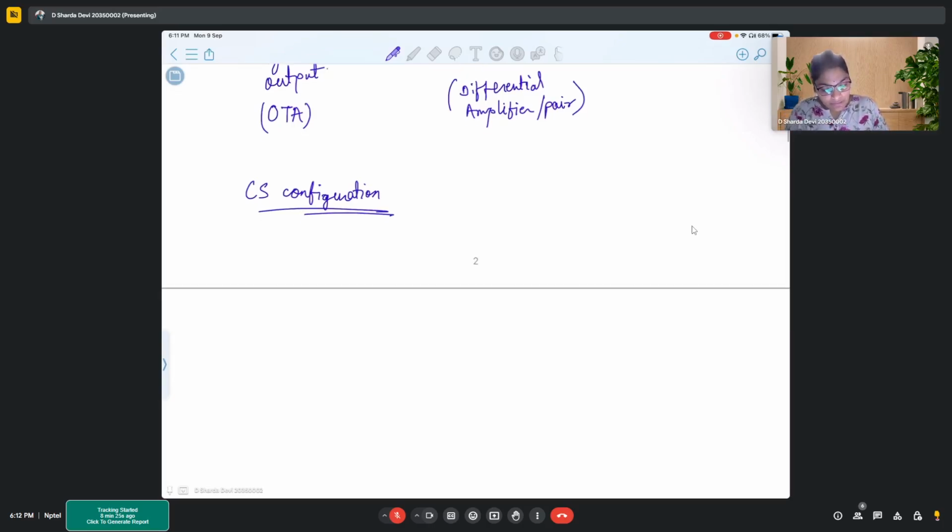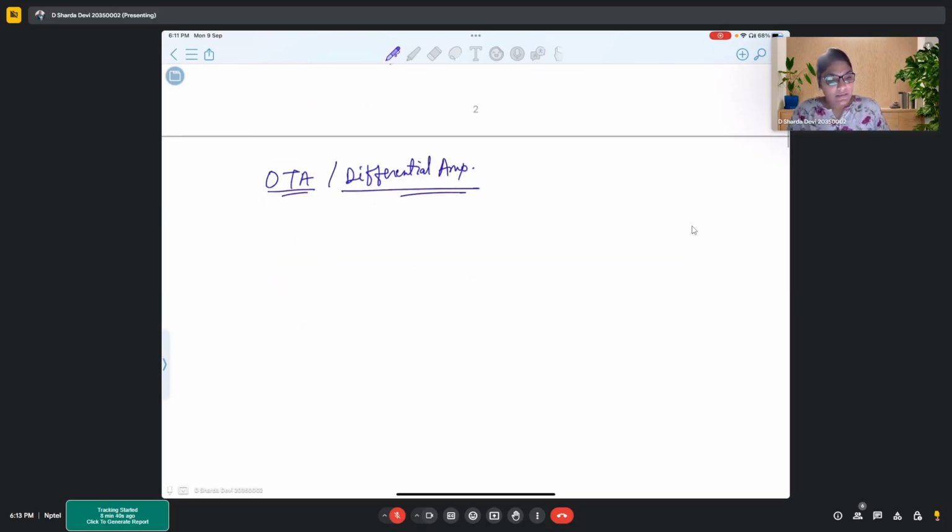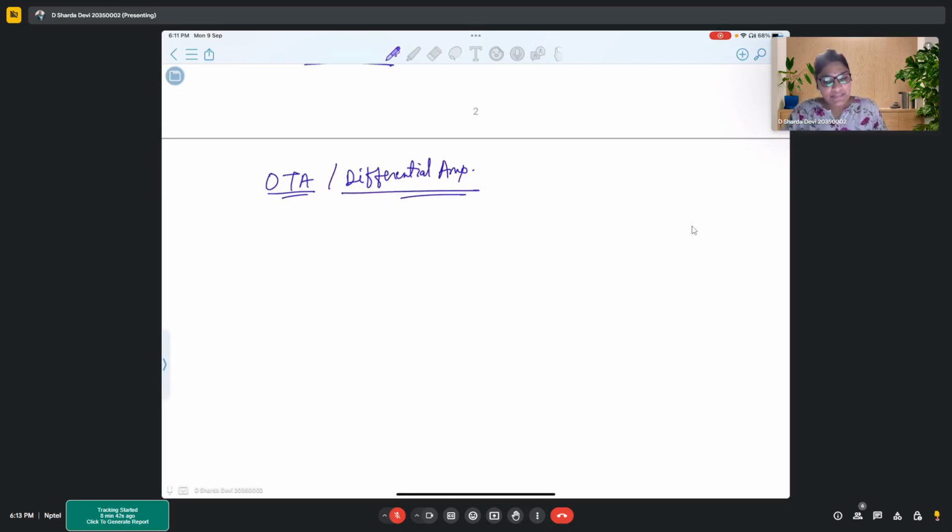So your OTA or differential amplifier is designed based on these CS amplifier based circuits itself.